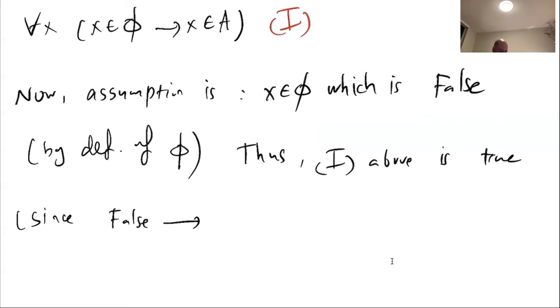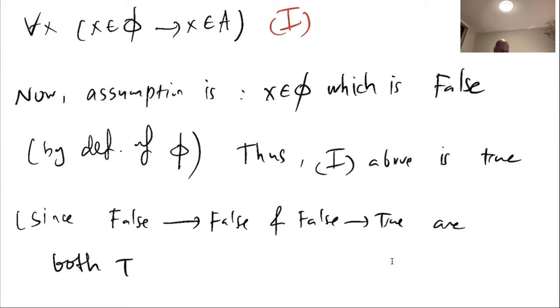False implies false, and false implies true are both true, right? So whenever the hypothesis is false, the whole conditional statement is going to be true, no matter whether the conclusion is true or false. This is what we have learned in the first chapter: P implies Q is true as long as P is false, no matter whether Q is true or false.